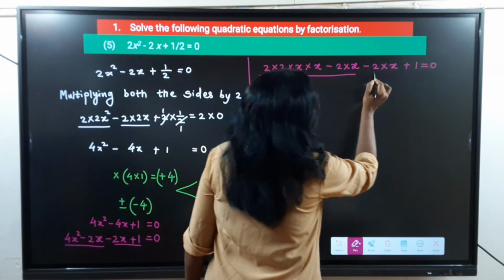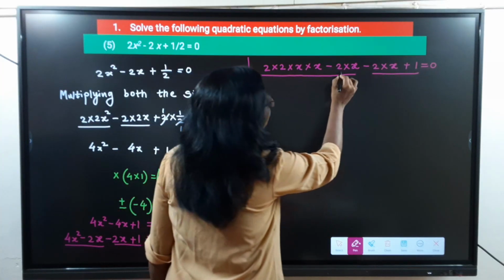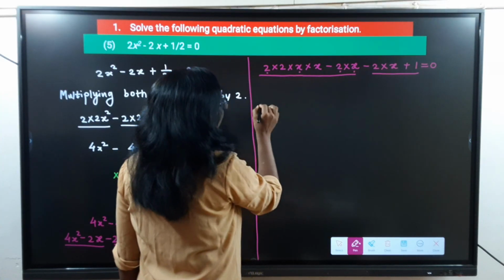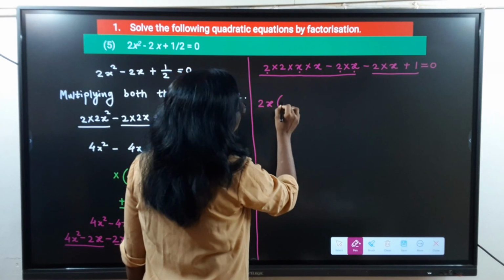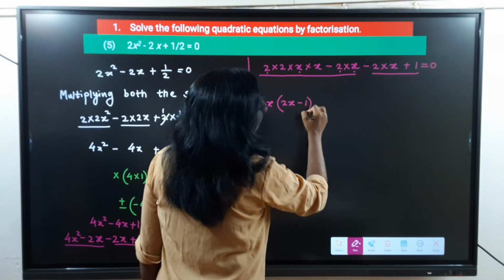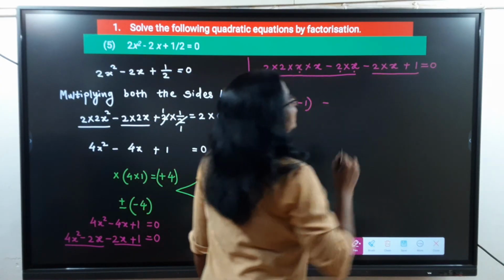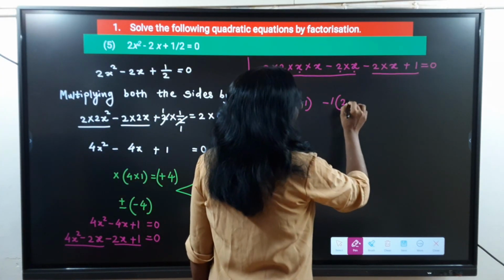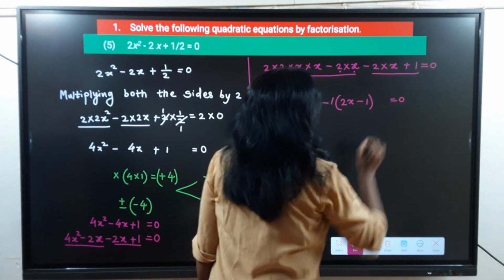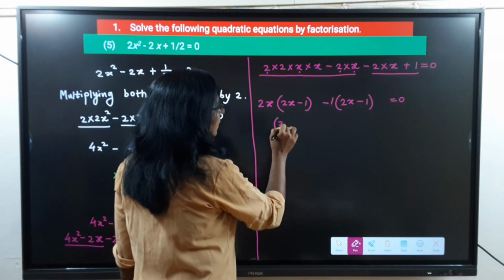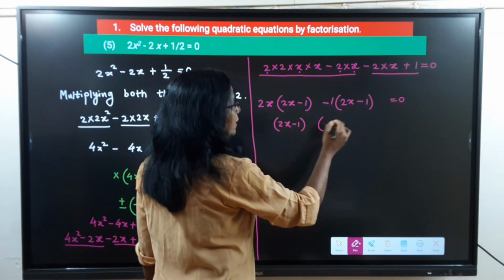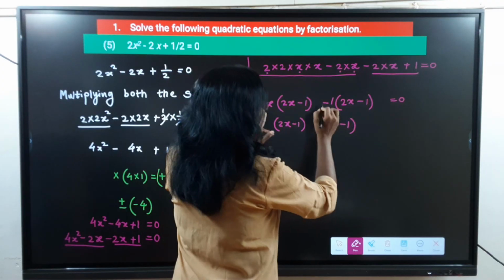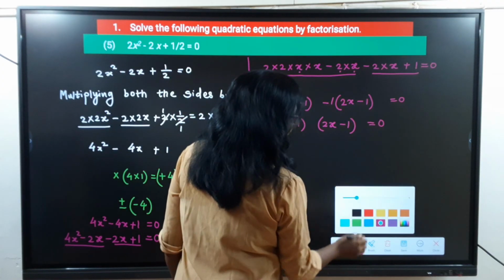Then here, students, from this first group the common is 2x, so 2x in the bracket 2x minus 1. Here minus, from here there is no one common, so 1 is common, and in the bracket we write 2x minus 1 is equal to 0. Then in the first bracket we write 2x minus 1, and in the second bracket the remaining terms 2x minus 1 is equal to 0. So further we solve it.